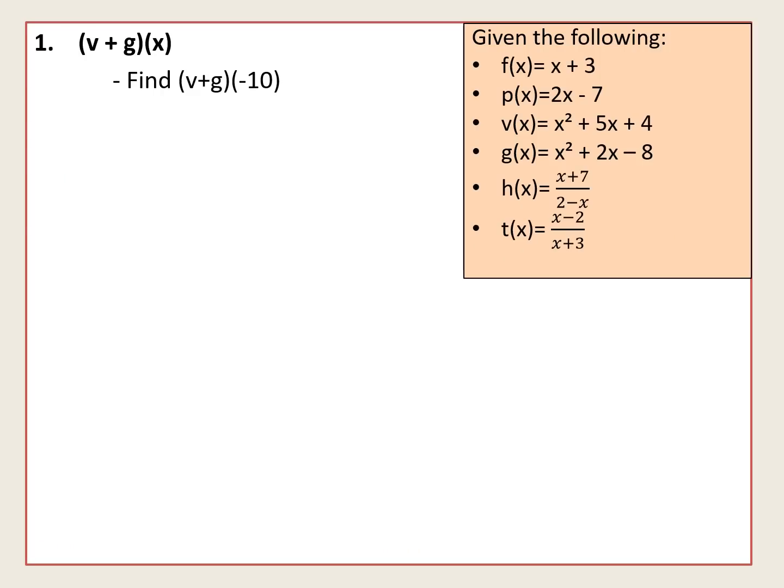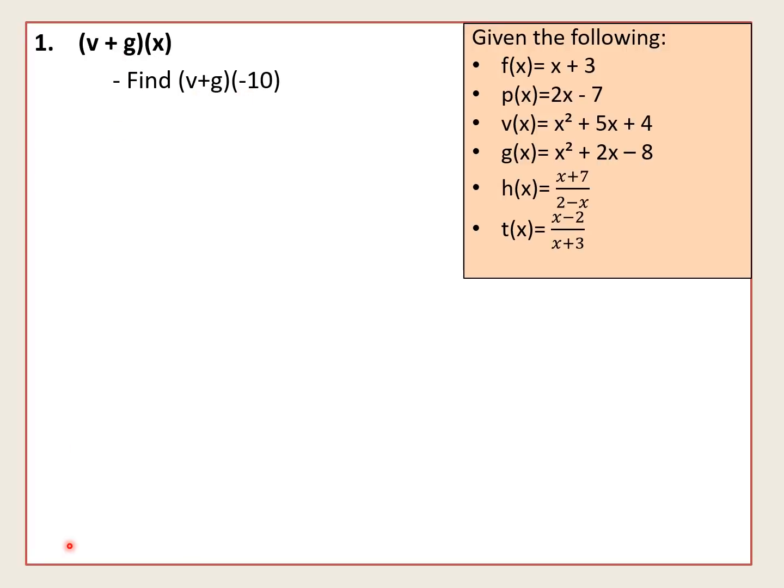Okay, let's have our first item. Item number 1. Okay, so according to item number 1, we have to get the sum of the two functions with the domain -10, or find v plus g of -10. What does this mean?